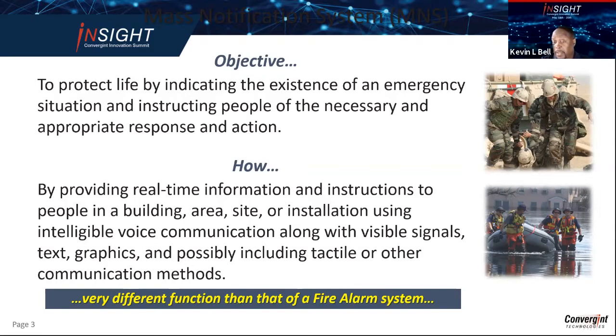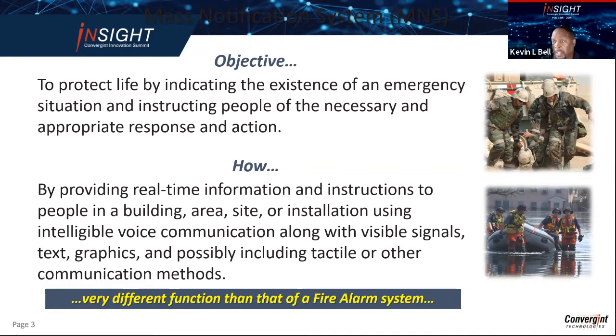And this is important. The intelligible voice communication is very different from a fire alarm system, because a fire alarm system sends out a signal that there's a fire and then asks you to evacuate a building. With mass notification, the danger, the hazard may be outside the building, so we don't want you to evacuate the building.